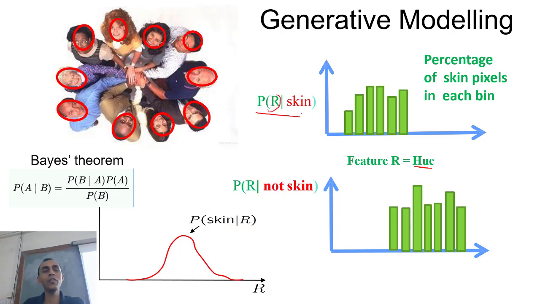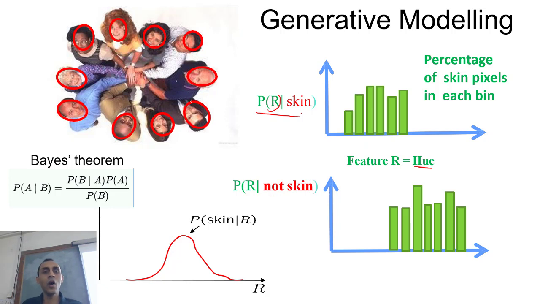You have a database of training images, where you mark out skin regions and then distribute them in the bins, and from the histogram you can generate this probability score, the probability of a skin pixel having a particular hue value. It may not be the same, it may be some distribution.